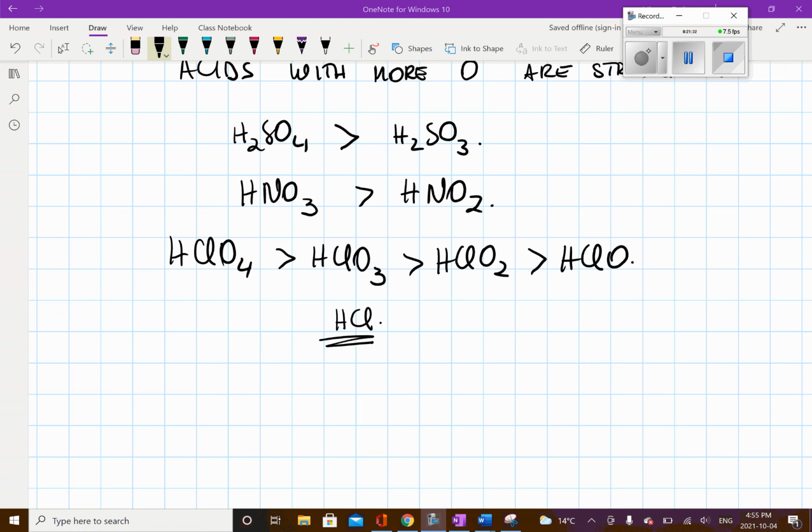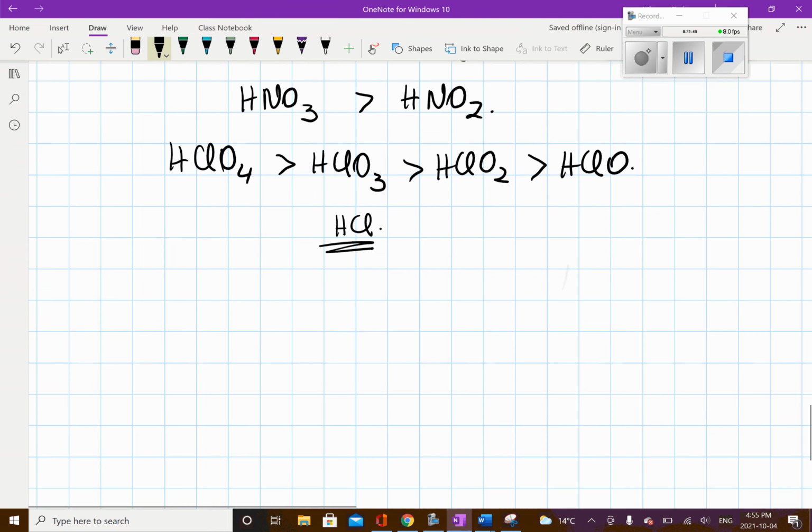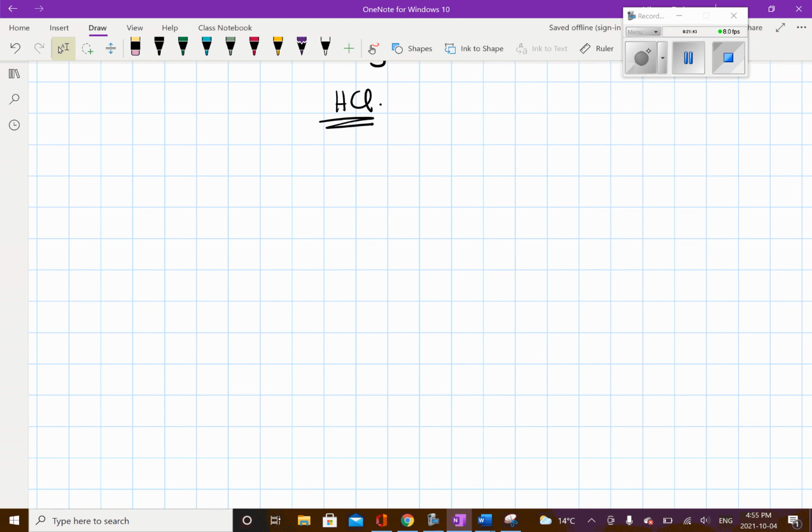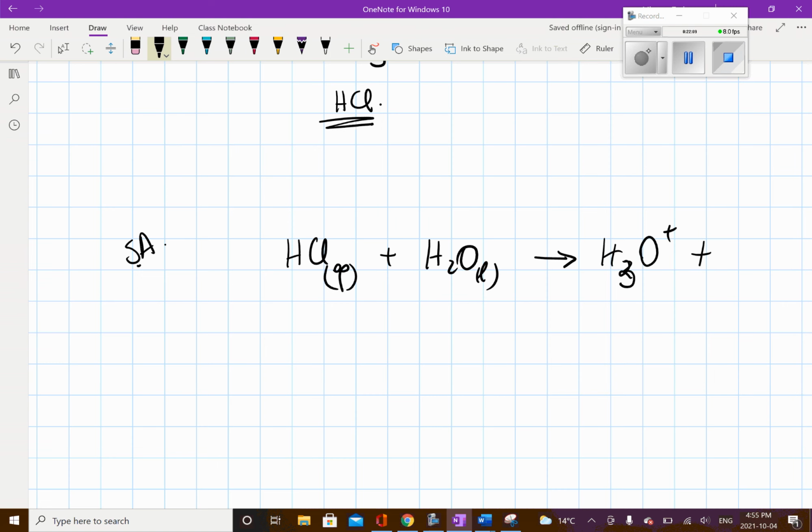Now, how do we write the dissociation or reaction for strong acids and weak acids? They always form a hydronium, but the difference is that for a strong acid, the reaction will be something like this when it is dissolved in water. It will go in one direction, forming a hydronium and a chloride, aqueous.